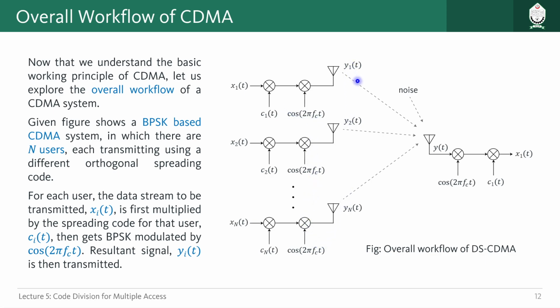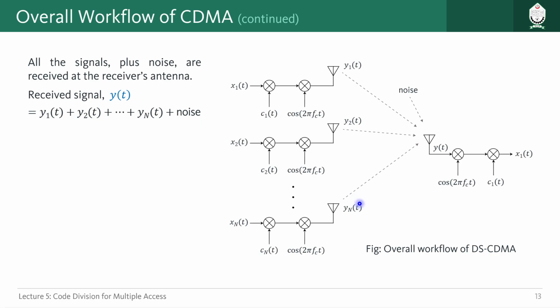So we have different signals available here, y1, y2 up to y of n, and also at the channel there will be some noise. All of these will get combined at the channel, right? So that combined signal is actually this one, which is y of t: y1, y2 up to y of n, and also noise. All of them will be here.